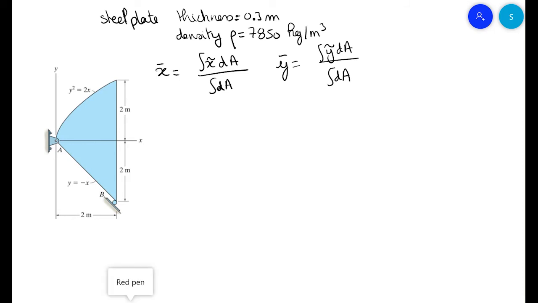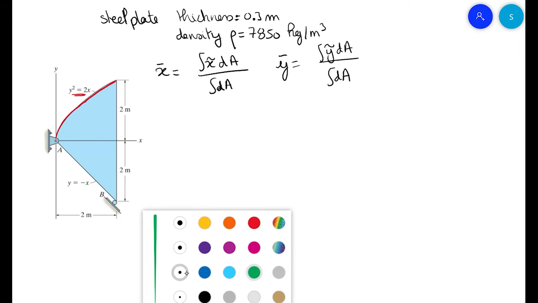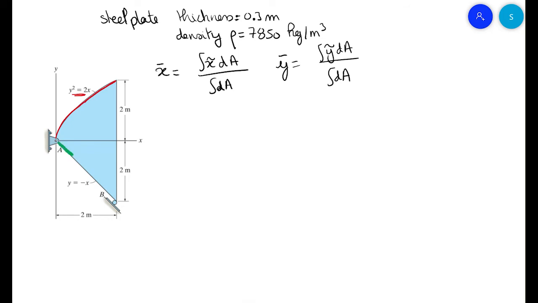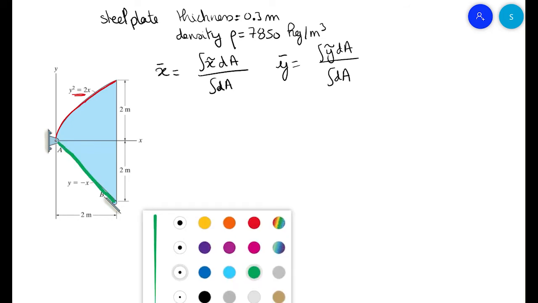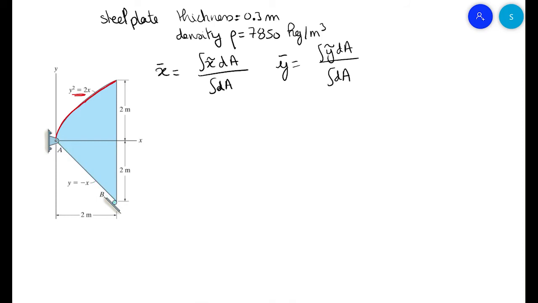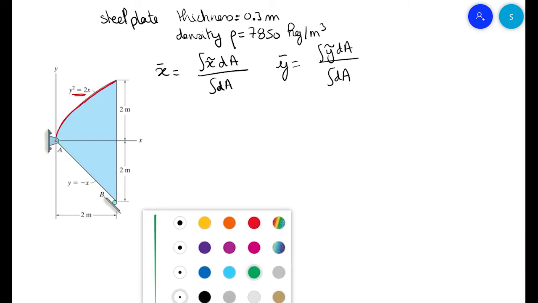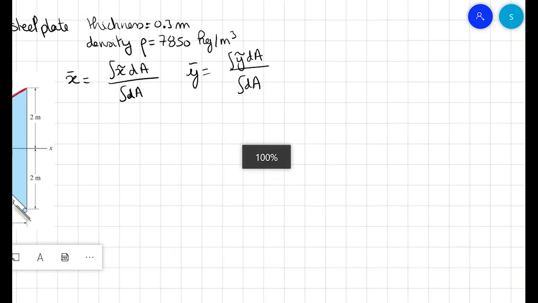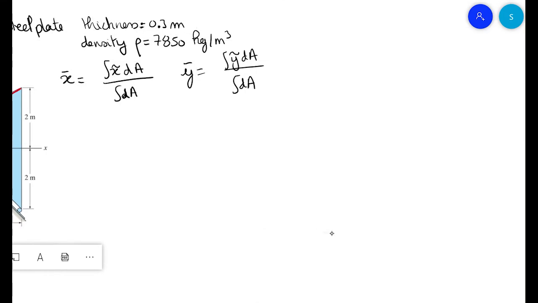We have the two equations: the equation of the top and the equation of the bottom. I highlight them because we will need them all the time.